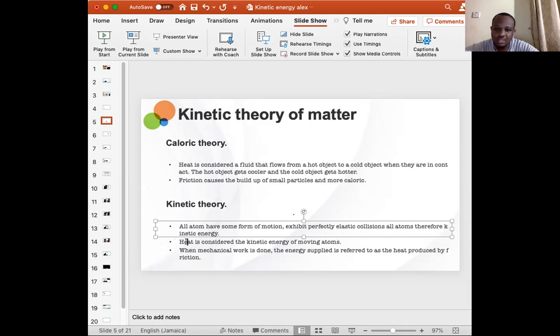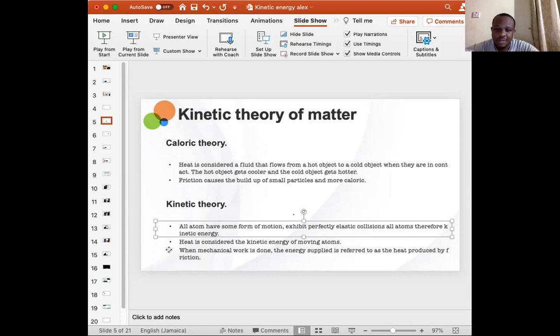And also heat is considered the kinetic energy of moving atoms. Essentially what we're saying is that we realized in the experiment a while ago that when heat is transferred to a material, the atoms begin to vibrate much faster. And that results in a change in the kinetic energy, and that kinetic energy results in a change in temperature.